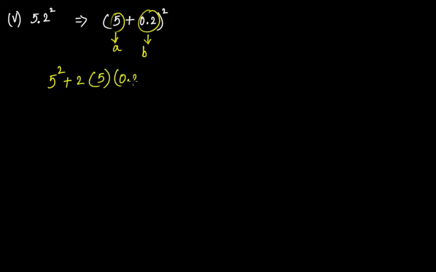This is 5.2 whole squared. Now this can be written as (5 plus 0.2) whole squared, right? Now take this as a, this as b. So (a plus b) whole squared means a squared, that is 5 squared, plus 2ab means 2 times 5 multiplied by 0.2, then 0.2 squared.